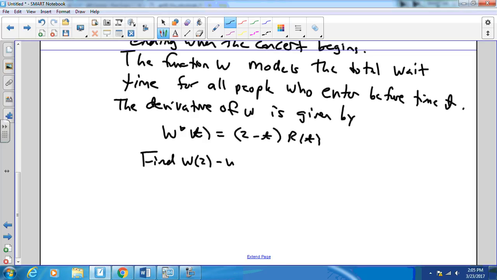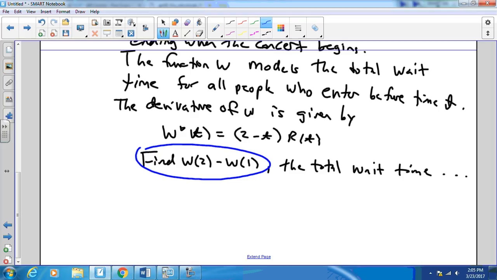And now, finally, find W of 2 minus W of 1, the total wait time, blah, blah, blah. Okay, that's a lot of words. In order to read this efficiently, I need to figure out what I am supposed to find. And what am I supposed to find?